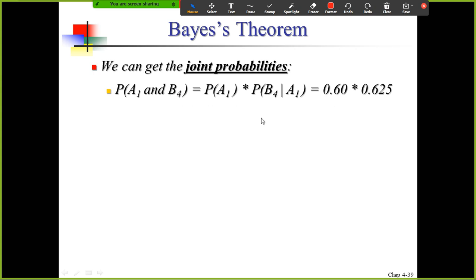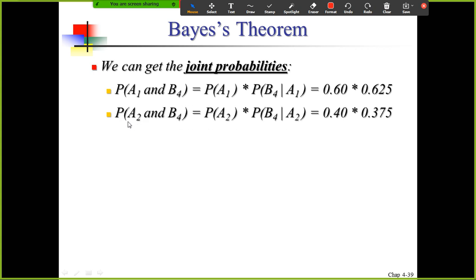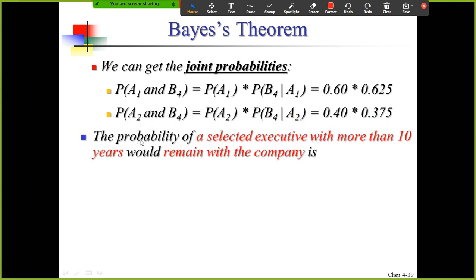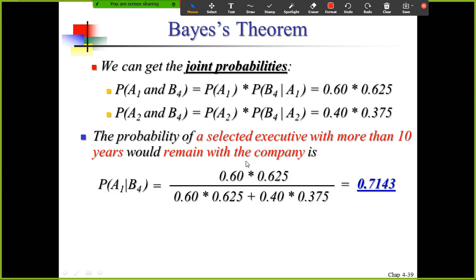So this is our equation, and this should be our answer. The probability of a selected executive having more than 10 years would remain the same as this one.